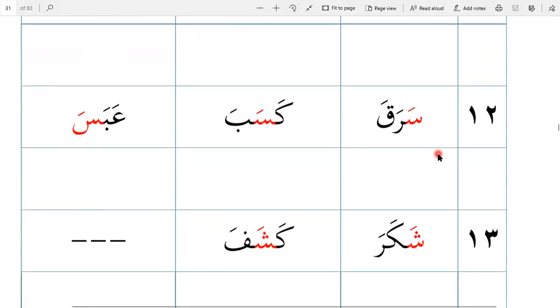So one thing I wanted to mention here is that, like we said, there's 28 letters in the Arabic alphabet. 8 of them are heavy letters, 20 are light letters. And we said that when you pronounce the light letters, you pronounce them with a smile. It's sunnah anyway, so make sure you smile when you pronounce the light letters.